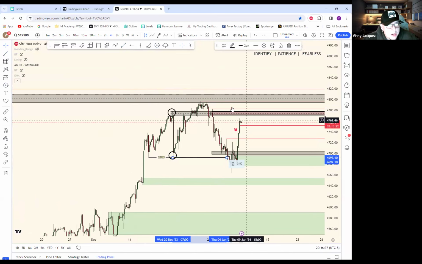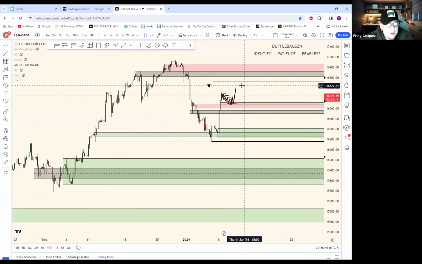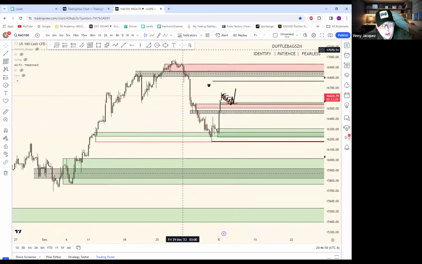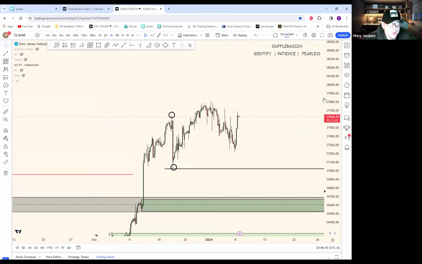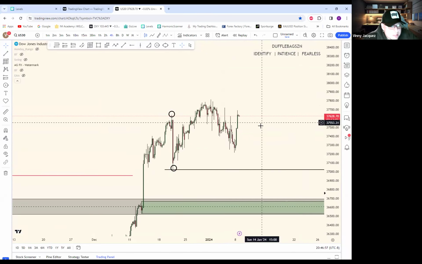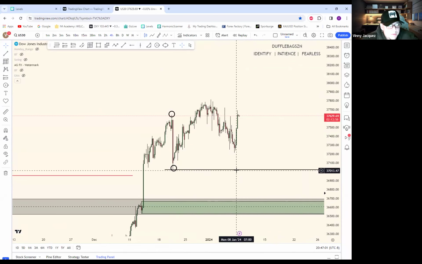Now, I already know this is going to entice some sellers. But this is a strong bullish rally, and it's already pretty much right there. NAS still has some ways to go. And on US 30, we never even actually broke the low. So for those sells, in my opinion, I'm just not fully convinced, especially with US 30 not having given us that change of character.